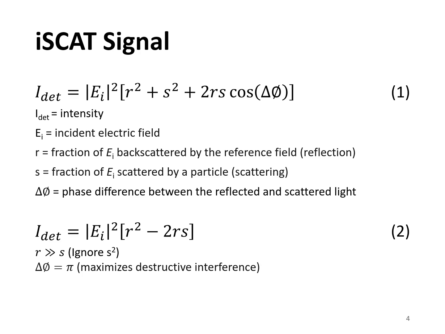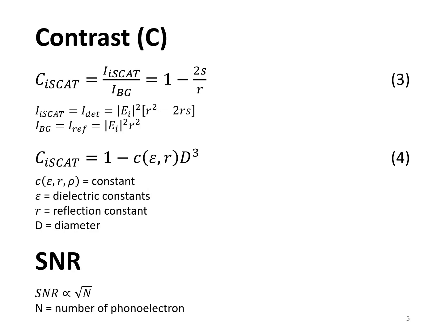Formula 2 assumes that R is bigger than S, thereby neglecting S squared, and sets delta phi equal to pi. This background normalization is used when defining the iSCAT contrast as follows. Using the iSCAT intensity over the background intensity, we can get the contrast of iSCAT.